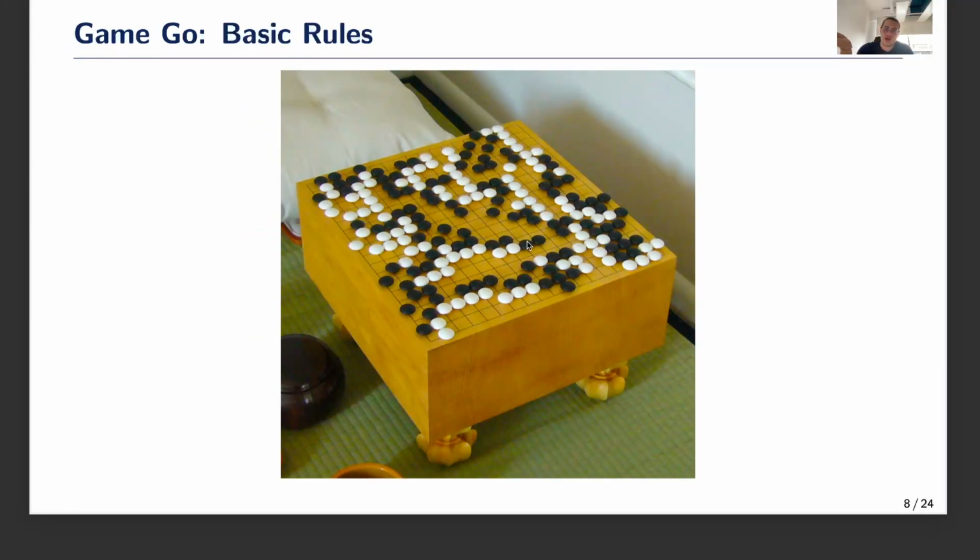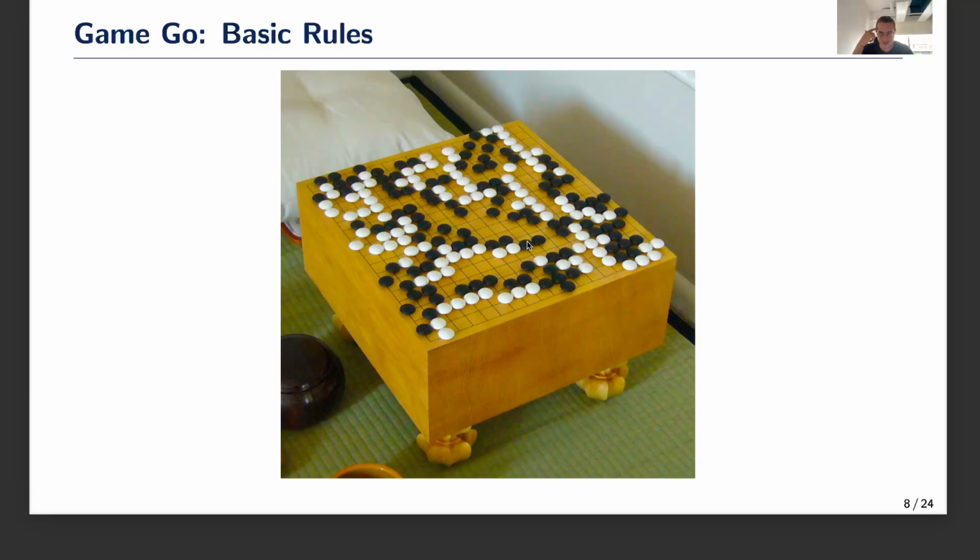Why is Go hard for AI? Go is a dream and a nightmare for AI. In chess there are about 30 or 40 legal moves per turn. In Go it's close to 200, so four or five times more.